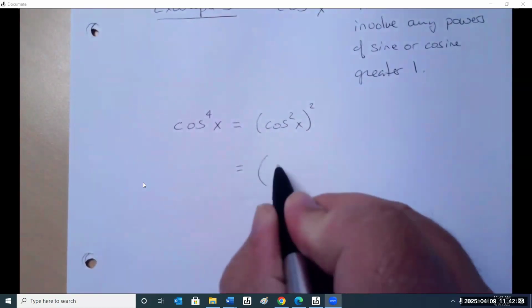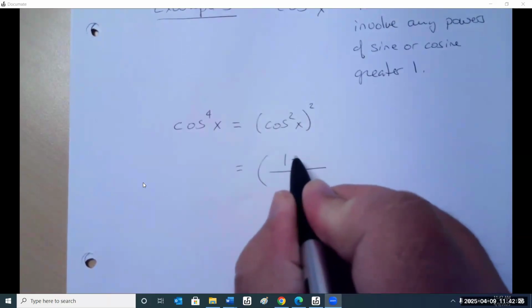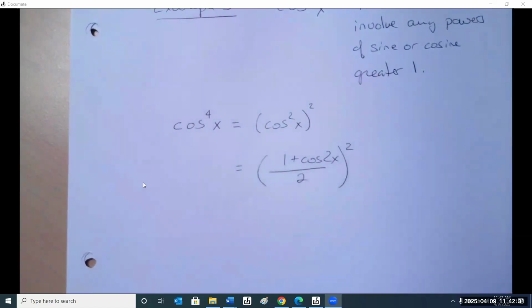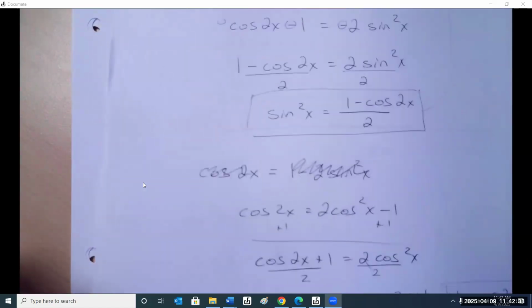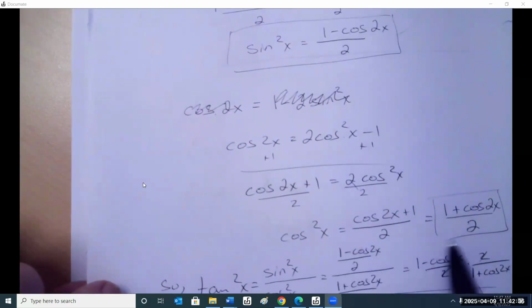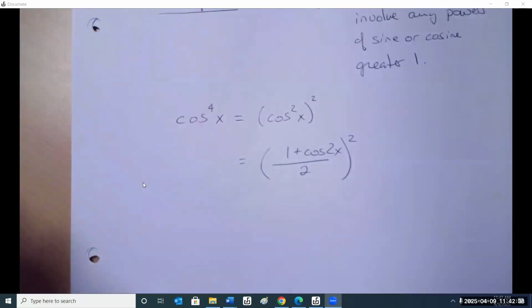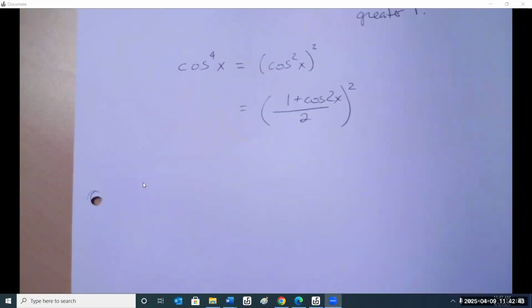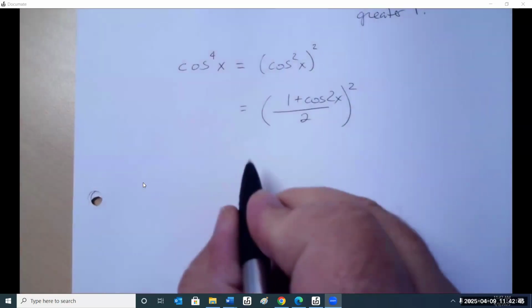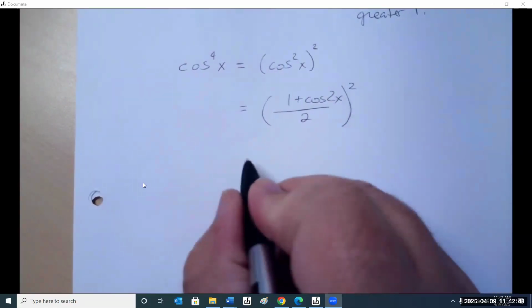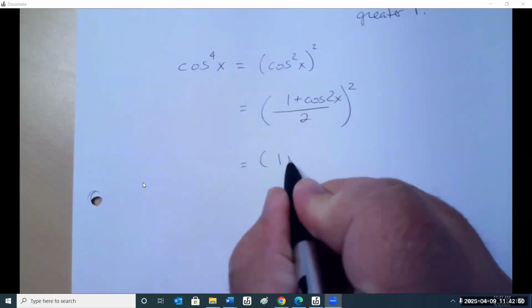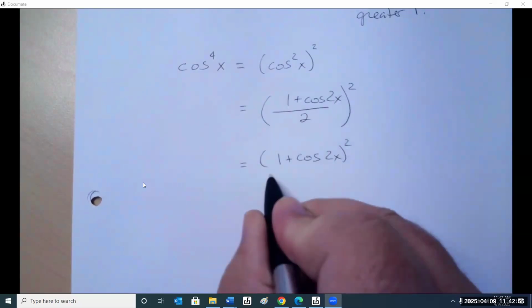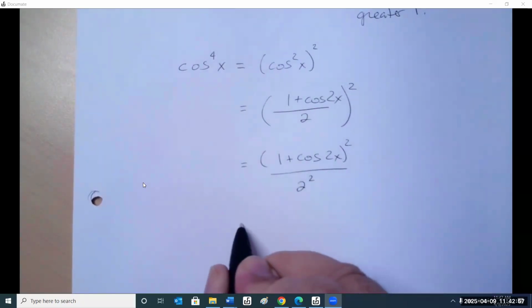So this is 1 plus cosine 2x over 2 squared. We just worked that out here for cosine. So 1 plus cosine 2x squared over 2 squared.